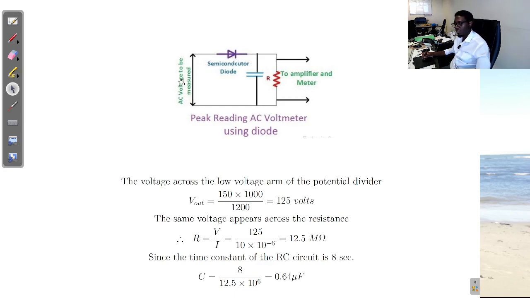Once the AC changes direction, the capacitance is fully charged, and its peak value is reflected across this resistance. Once we measure the voltage across this resistance, it is a reflection of the peak value of the voltage across that capacitance, and that gives us the value.